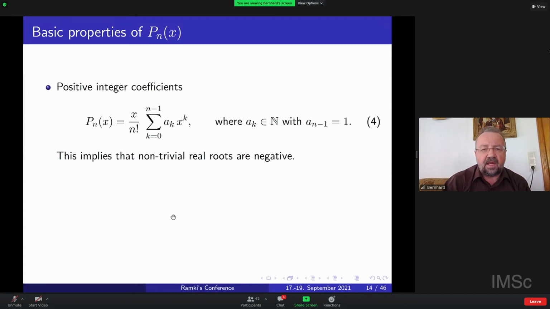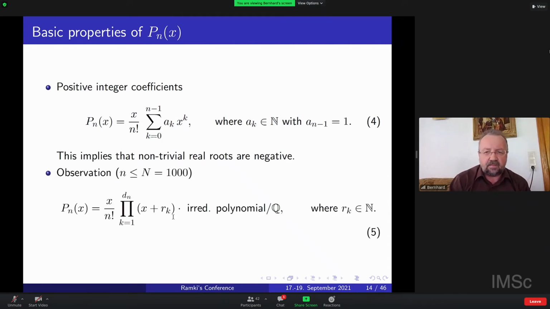Now with this normalization, it turns out that all coefficients are positive. That means the non-trivial real roots, I mean, 0 is always a root, the non-trivial real roots are all negative.